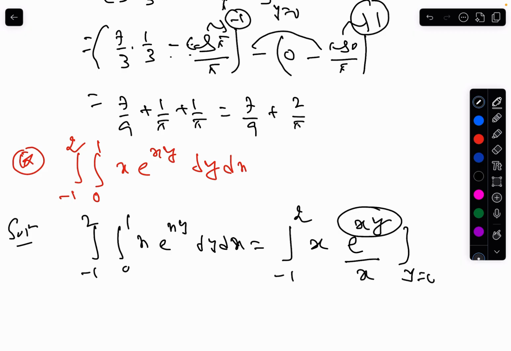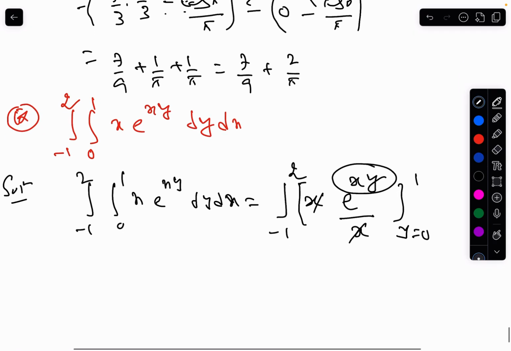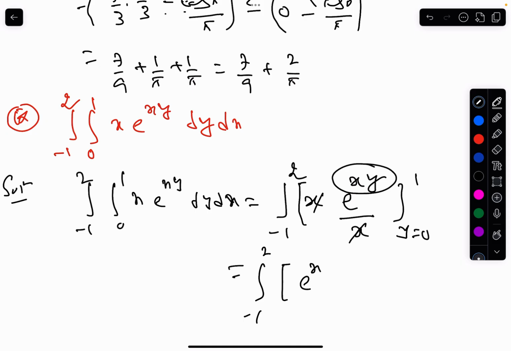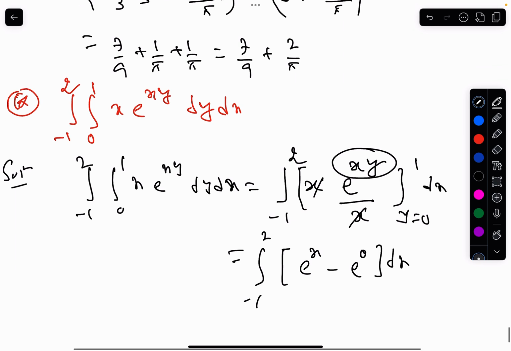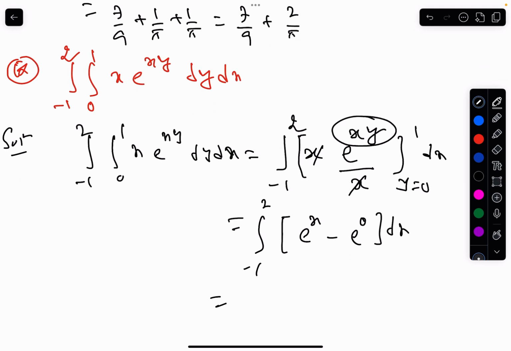And y is from 0 to 1. So this x cancels. So this is e power x, y is 1, minus y is 0, so e power 0, dx. So this is 1.